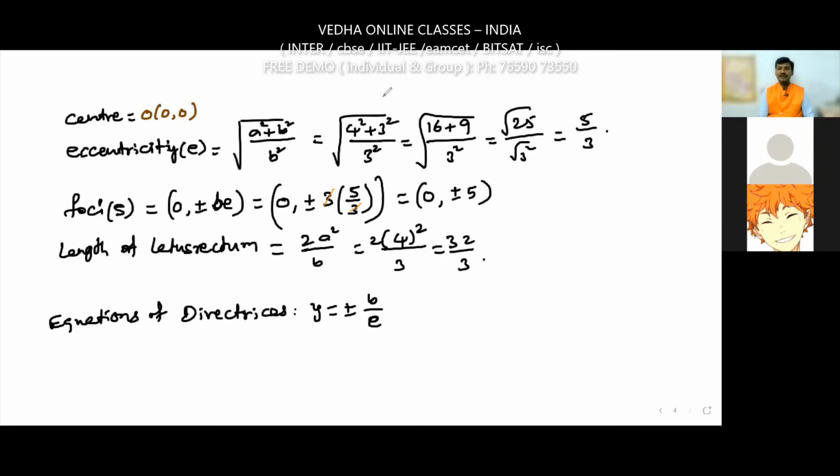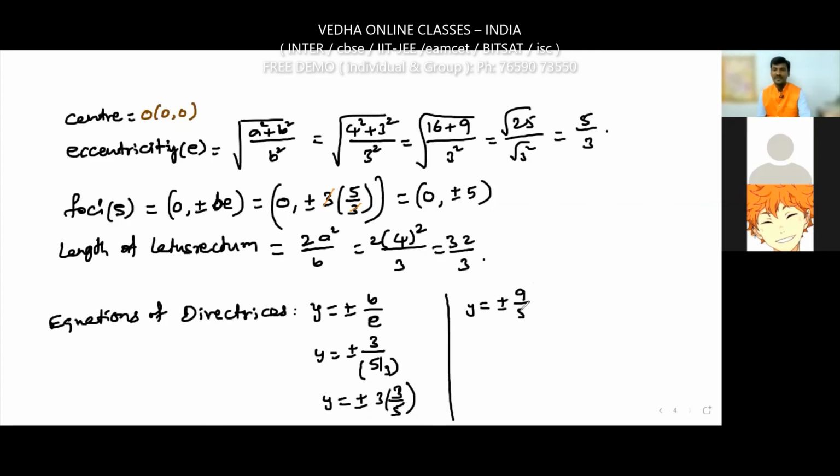So y is equal to plus or minus b, what is b value here? 3, divided by e, e is 5 by 3. So 3 into this 5 by 3, if you take it to the numerator, it becomes 3 by 5. 3 times 3 is 9. So y is equal to plus or minus 9 by 5.